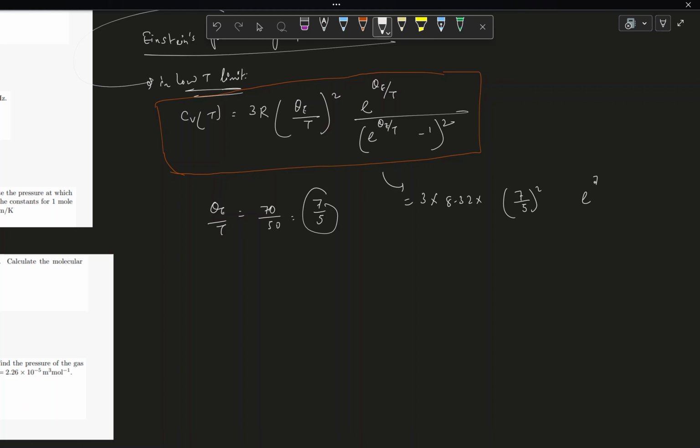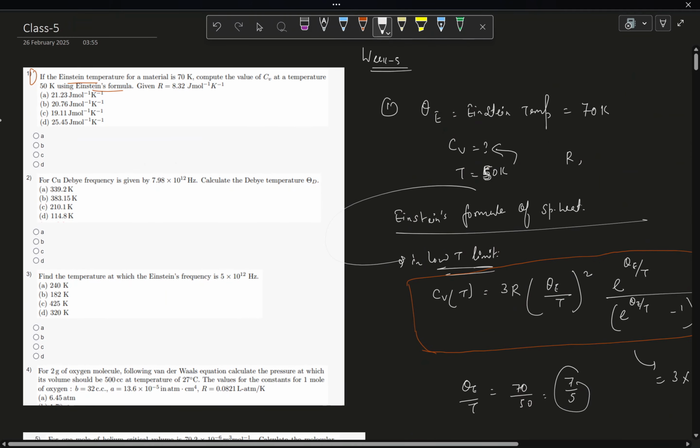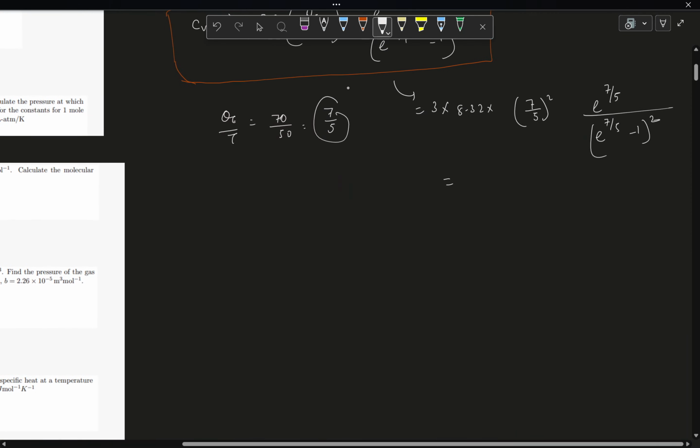The exponential term you have to calculate carefully on the calculator: e to the power 7 by 5 minus 1 whole squared. If you calculate this, you will get some 21 something. Let us see which option is close to that. Okay, this is 21.23, but there is another option in the 20s, so let me calculate this explicitly to know the exact answer.